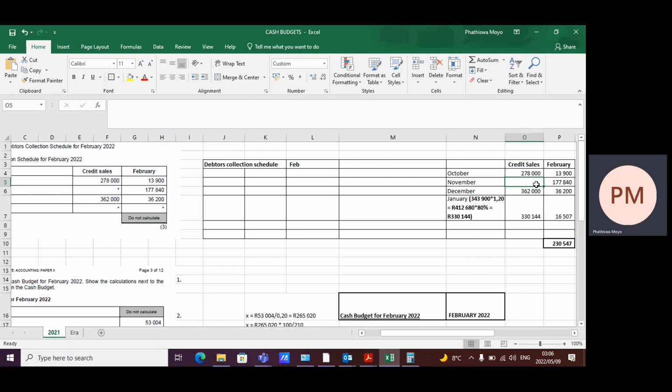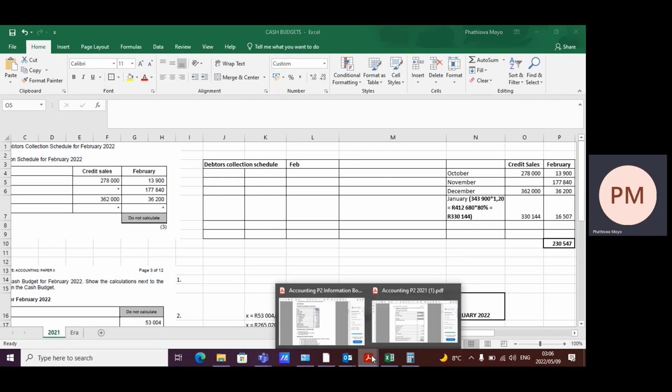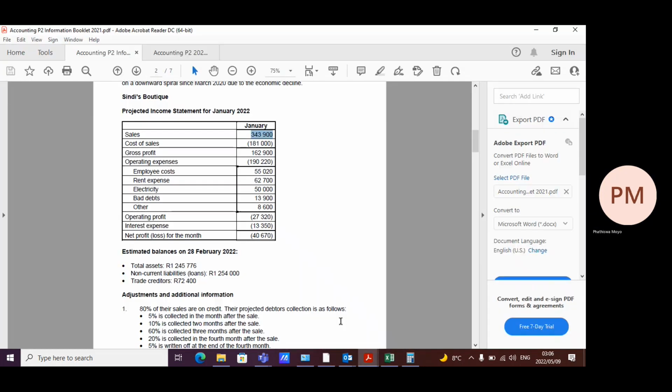Now they want us to calculate the credit sales for November. We're given October. They're saying 5% is after the month of sale.